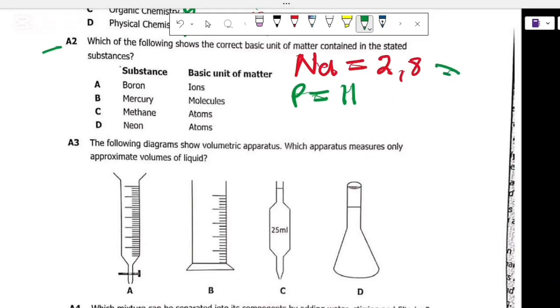But after losing that electron, obviously the number of electrons reduces to 10, because you have 10 here now, because 1 has been lost. So you're going to have 10. Now, I want you to pay attention. These are positively charged particles. These are negatively charged particles. That's the difference.